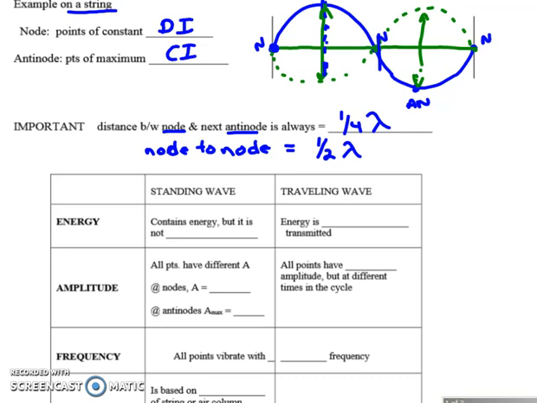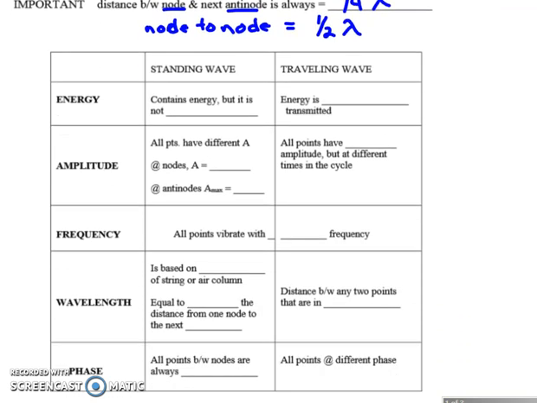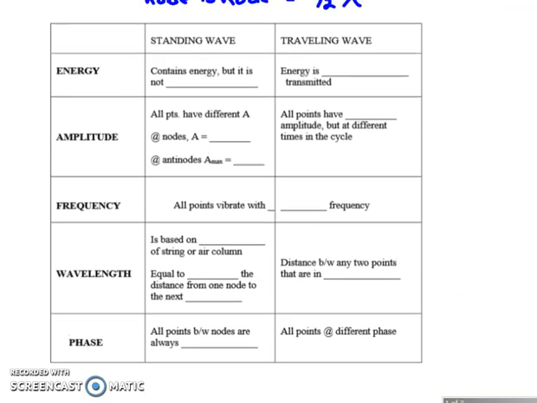Okay, so in the chart here, I want to finish up just by summarizing the differences between standing waves, this special case of resonance, and normal traveling waves, the waves that we drew before where the pulses are continually moving in one direction as the medium oscillates perpendicular to that. Okay? In terms of energy, they both contain energy. That's what waves are about. But what makes standing waves different is they're not moving.